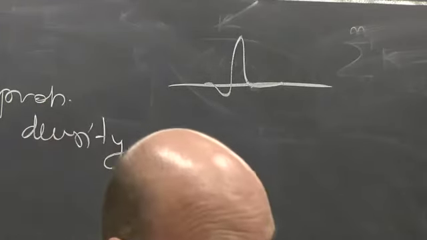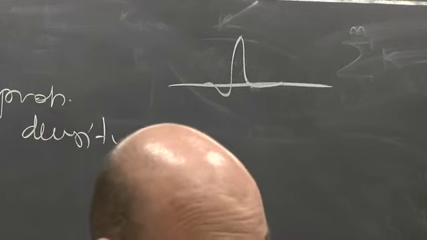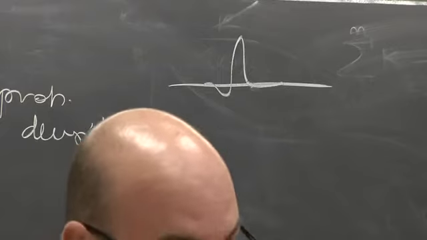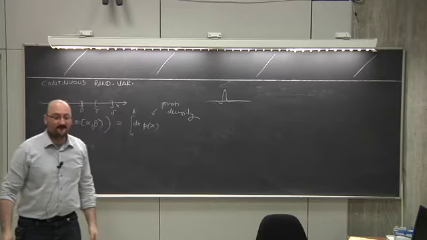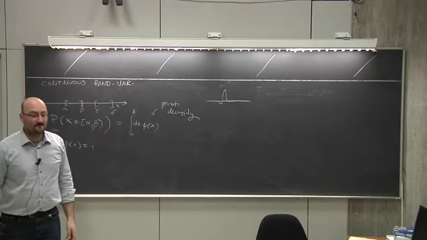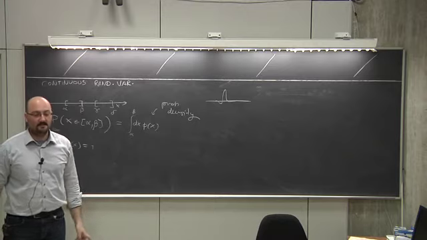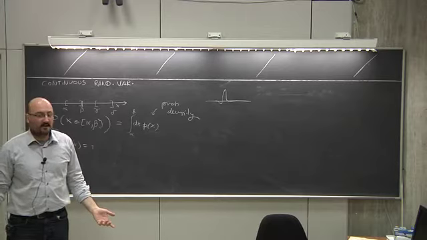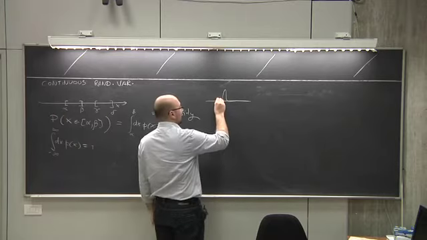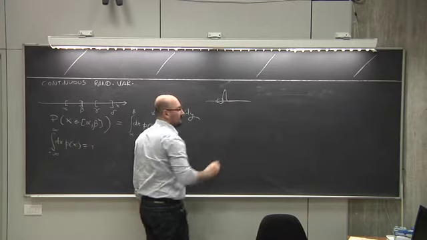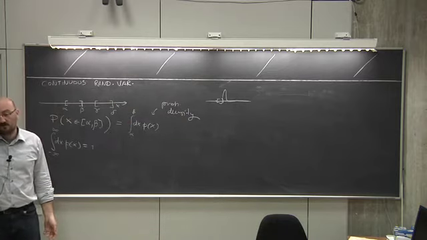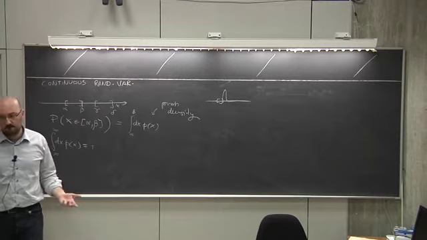Yeah, but this is a probability density. If I take alpha and beta which cover just this part here, then the integral of a negative function is negative, and this cannot be.